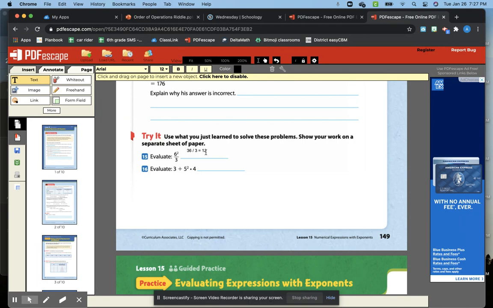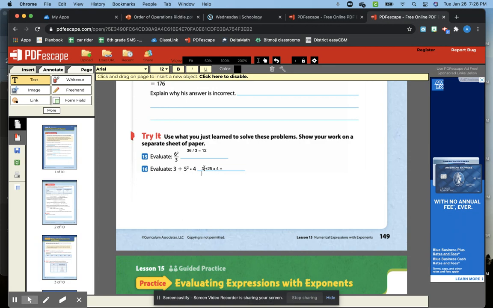Easy enough. Now for down here, when we evaluate it, we always do our exponents first if there aren't any parentheses. 5 squared is the same thing as saying 5 times 5. So 5 times 5 is 25. So I'm going to write down what I have left. We know that dot means times. Since I have adding and multiplying, I'm going to multiply first.